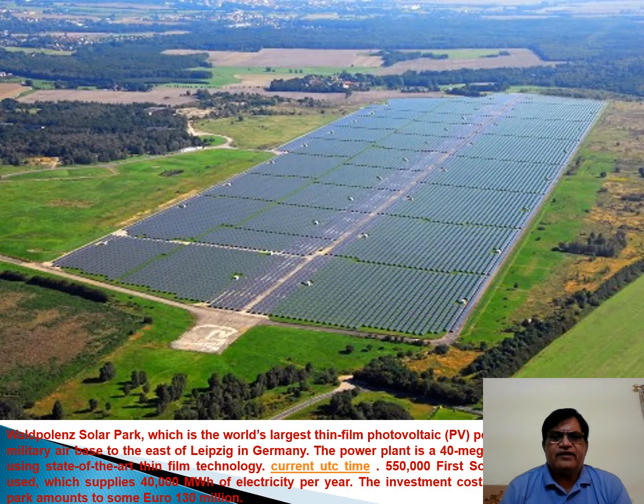This is another aerial view of a thin film PV plant. Nowadays, the scientists are working to reduce the size of the solar panels by using various types of theories and increasing the efficiency of the solar cell.